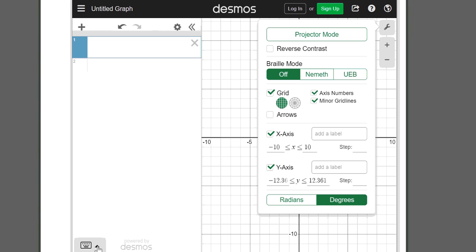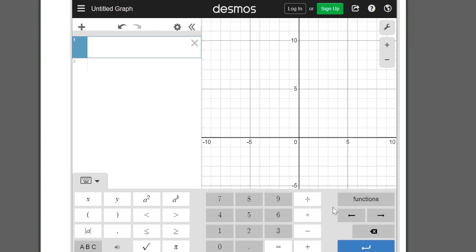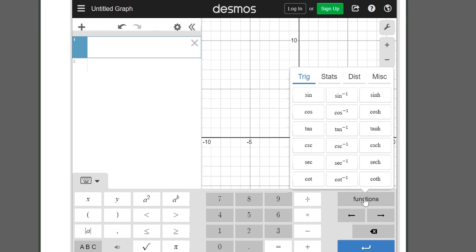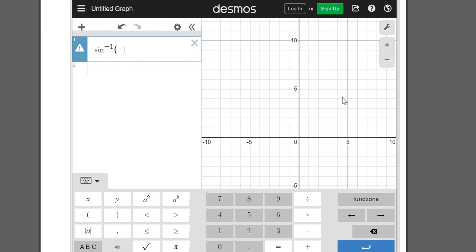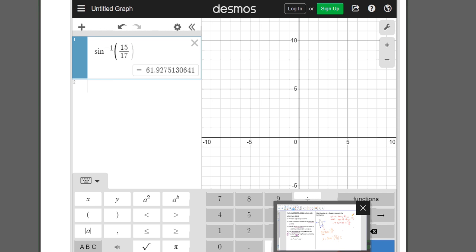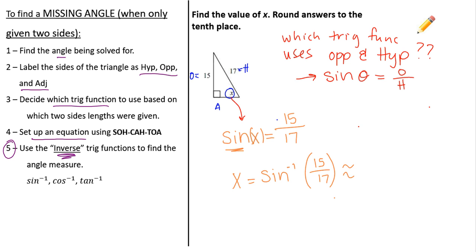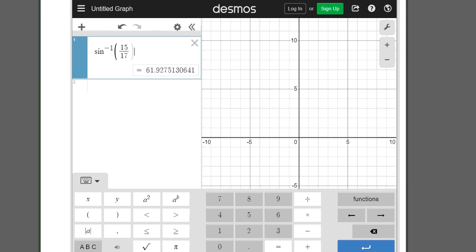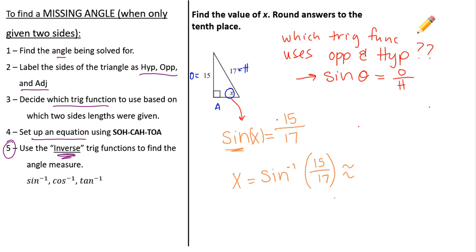And then to do sine, I'm going to open up the keyboard, functions. I'm trying to find an angle, so I need the inverse sine. That's all that little one means right there, is inverse. So then I type in my ratio, and it says it's about 61.9 and so on. I think it said to round to the tenth place. So 61.9 degrees because that's the degrees that we're in.